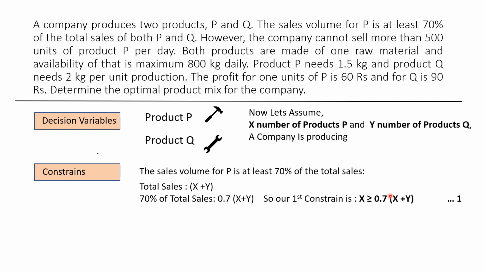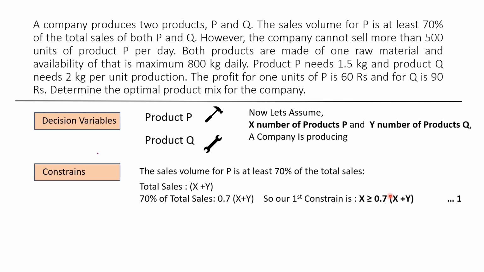For example, if the total sales amount X plus Y is 100 products, then 0.7 into 100, that means 70 or more than 70 products would be type P.